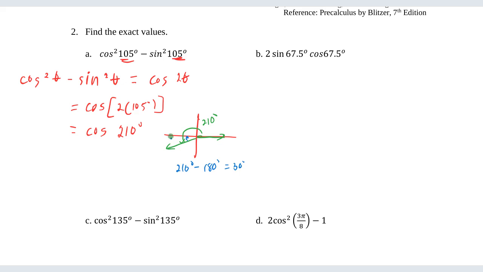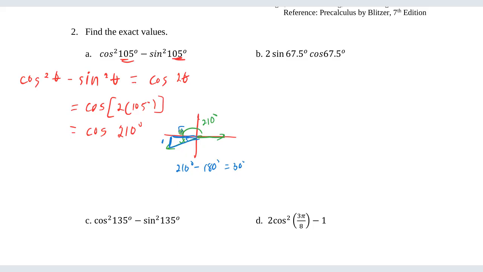So there will be a 30-degree angle here. Remember, going back with the special right triangle, the opposite of 30 degrees is 1, and therefore the adjacent is radical 3.